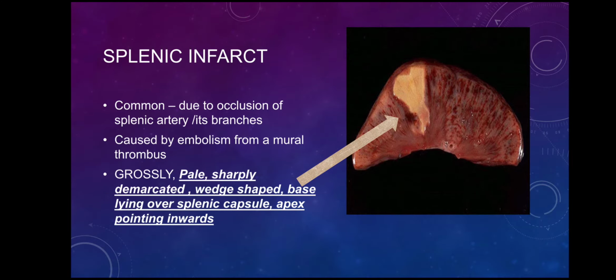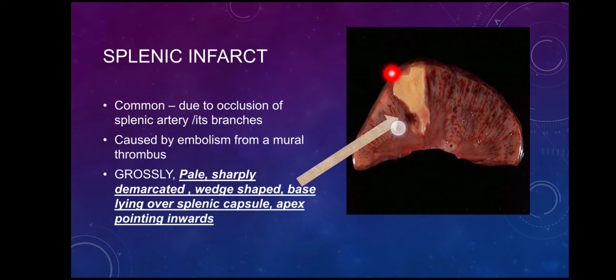So splenic infarct is commonly due to the occlusion of the splenic artery, and commonly that obstruction is caused by the embolism from the heart. And grossly, as I told you, this gross is very commonly asked in the viva.